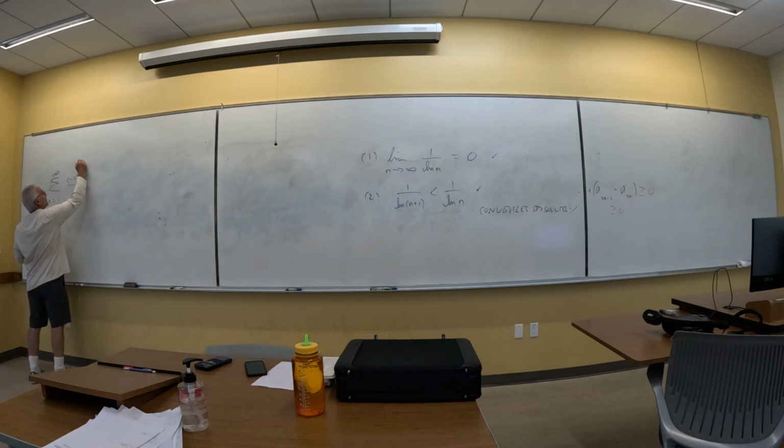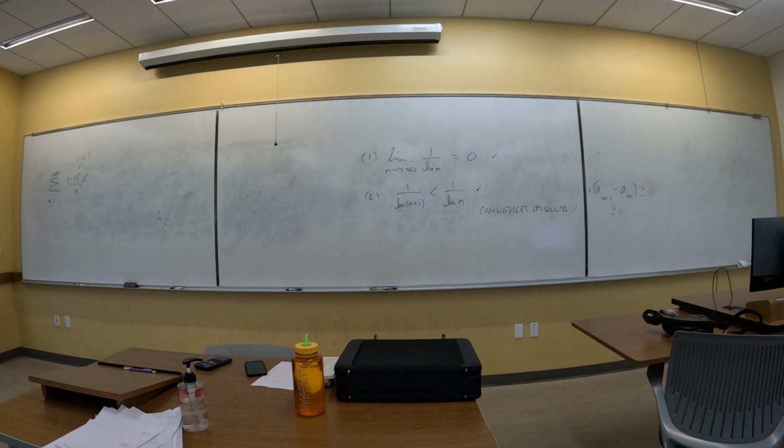Could I write this as -2 to the n? Would that be legal to write it like that? But if I see -2 to the n, it's not as obvious what's going on. I want the -1 to a power, so then I can choose to ignore it for the non-alternating.